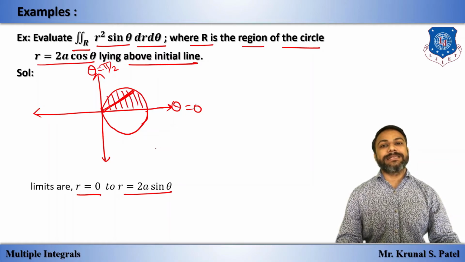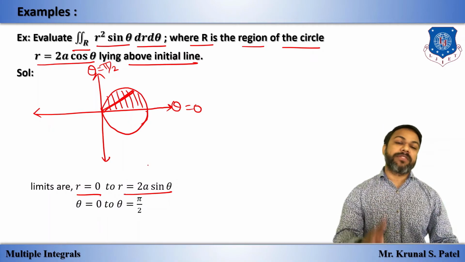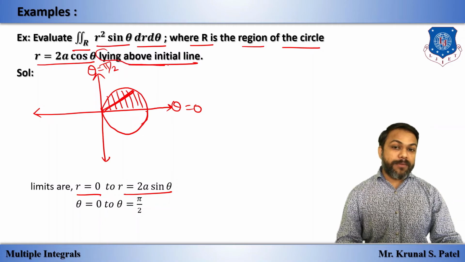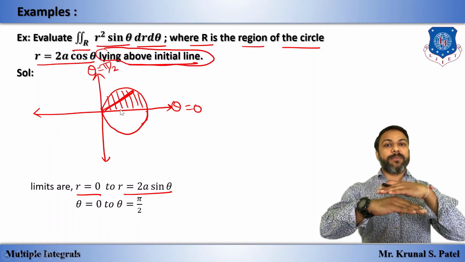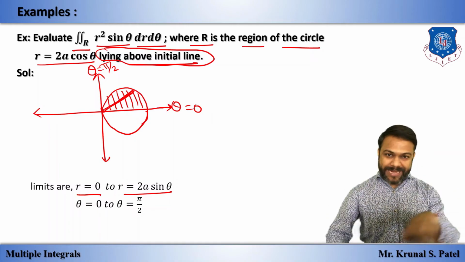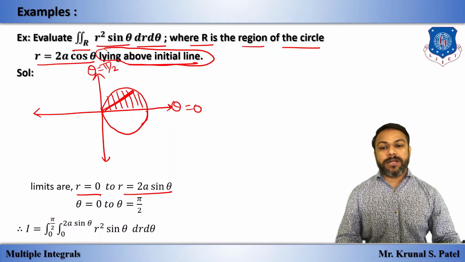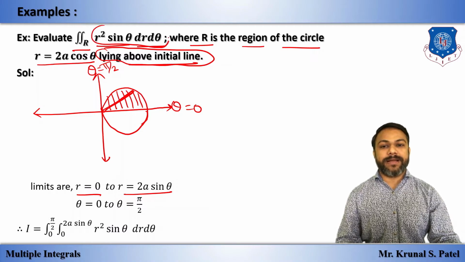So theta is 0 to pi by 2. And no need to multiply with 2, it's not twice because it is lying above the initial line only. So we have to integrate for the upper part of this, not the full entire circle. Okay. So the integration becomes double integration 0 to pi by 2 and 0 to 2a cos theta, and r square sin theta dr d theta as it is.